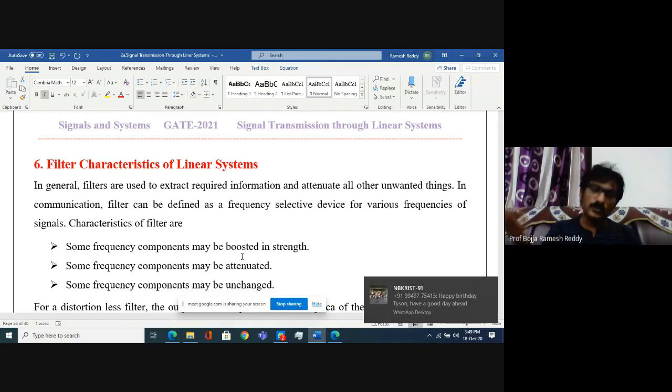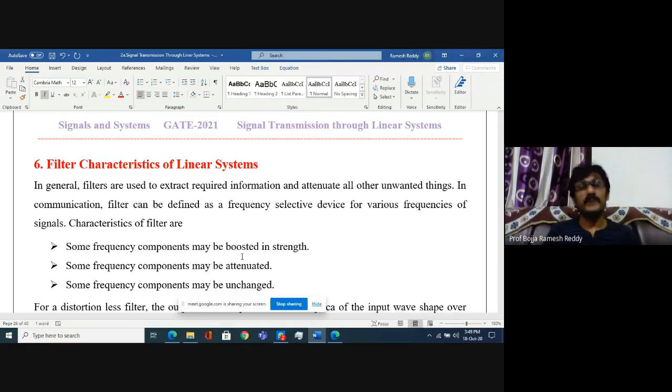Next, to get pure DC, we can go for filters. There are capacitive filters, inductive filters, or combinations: CL filters, CLC filters, pi section filters, L section filters. There are so many types of filters used in a regulated power supply to get pure DC, where DC is required.